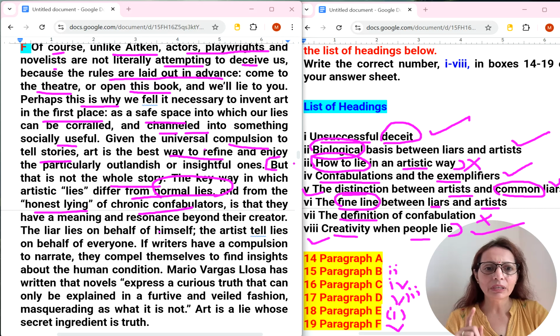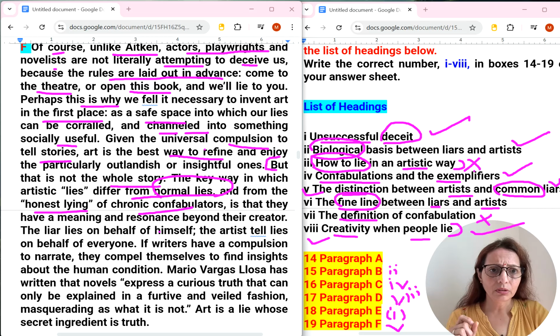So now we have left A number paragraph. So first is gone, second is gone, third is out of the way, fourth is also gone. Now what is left? Fifth is also gone, seventh is gone, eighth is gone. Only sixth is left, so it will come with A number.